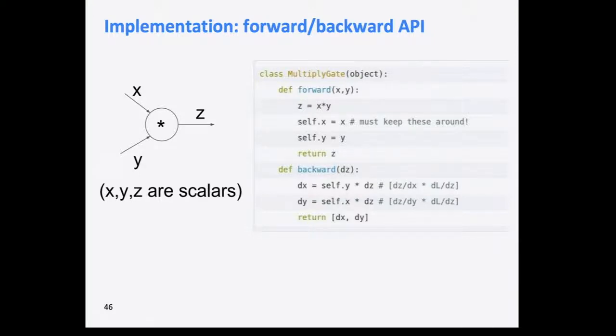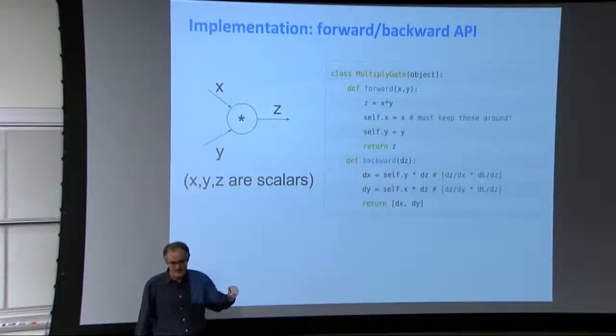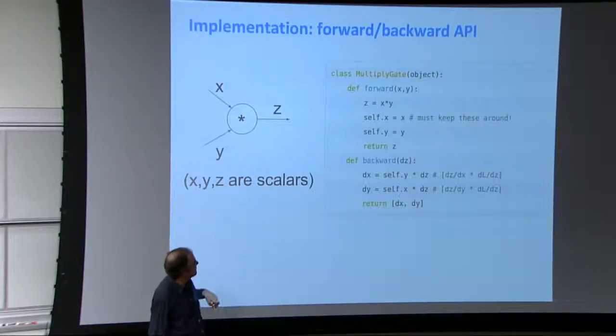So in the forward pass, we have to remember to stuff away in some variables what values were given to us in the forward pass, or else we won't be able to calculate the backward pass. So we store away the values of x and y.